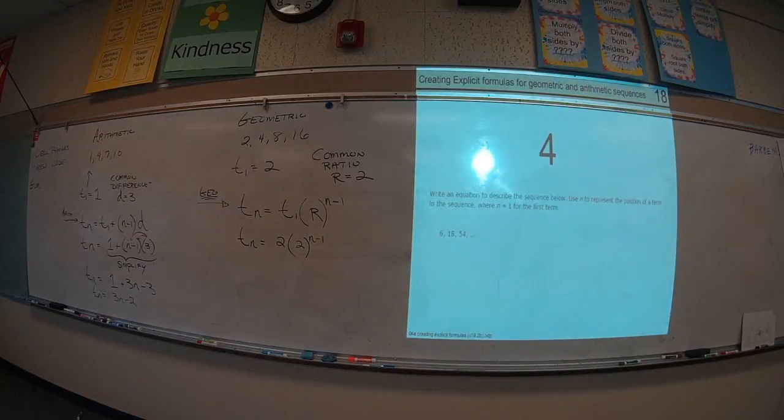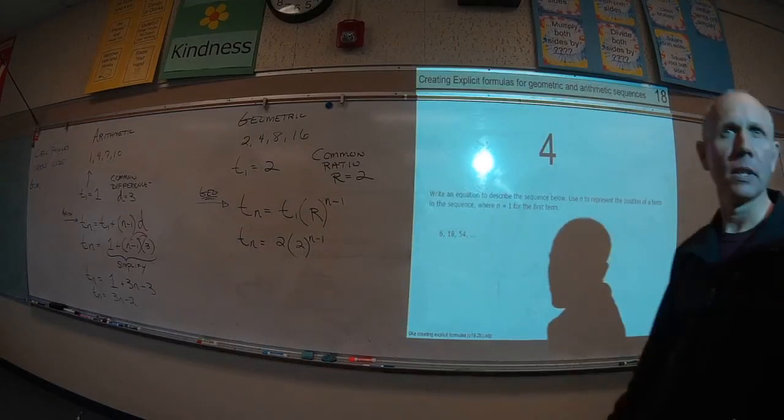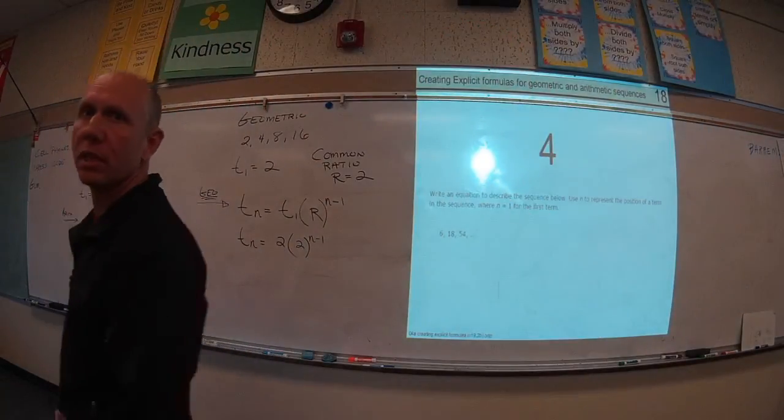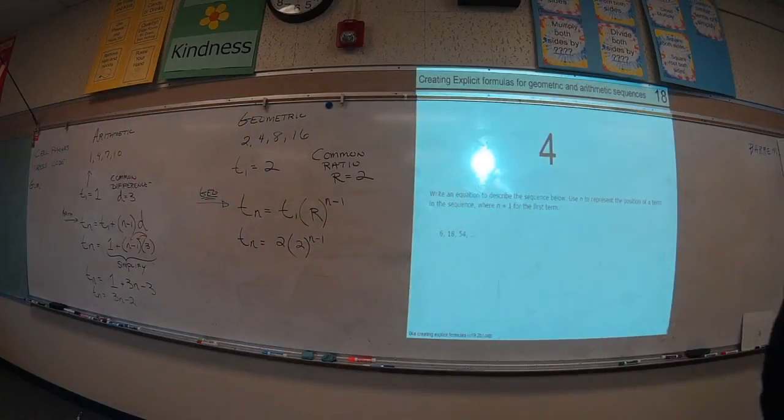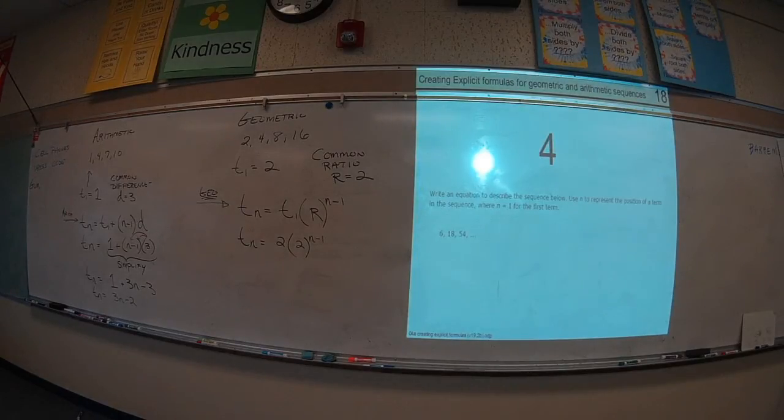The ratio here is so weird. 6, 3, n minus 1. They can't simplify down. 6 times 3 raised to the n minus 1 power. All right, Greenlee. Do that homework.